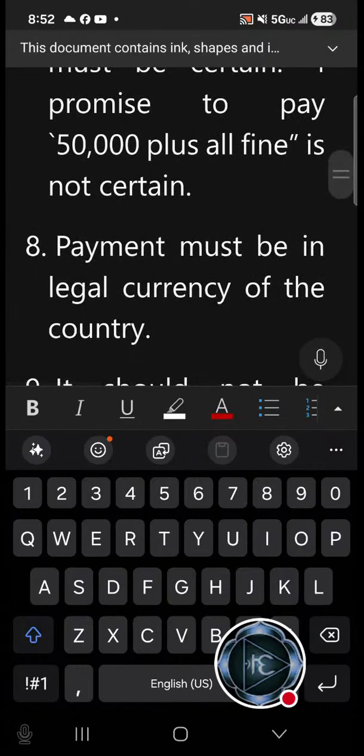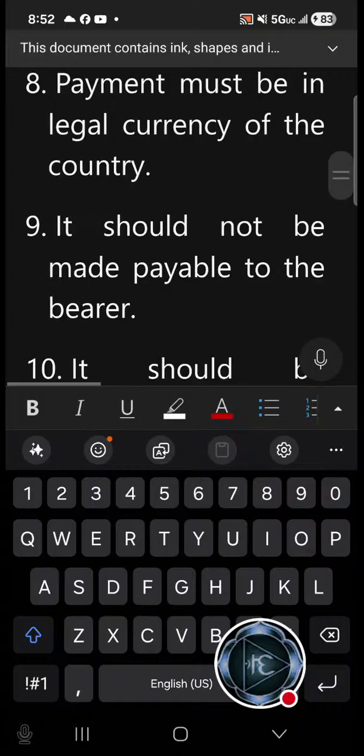So when the court tells you you've got to pay the court plus all fines and court costs, that is not a certain term. Okay. Payment must be in legal currency of the country. It should not be made payable to the bearer.